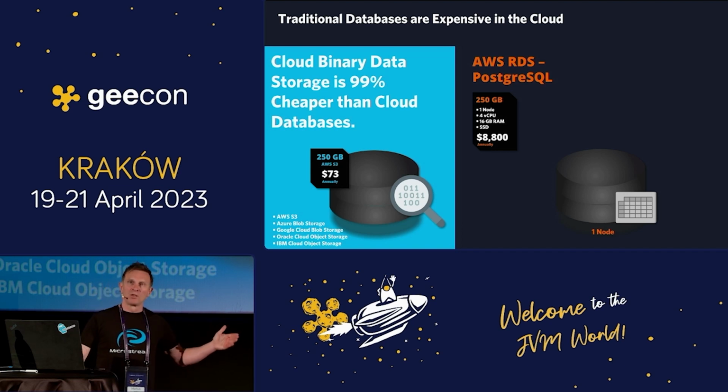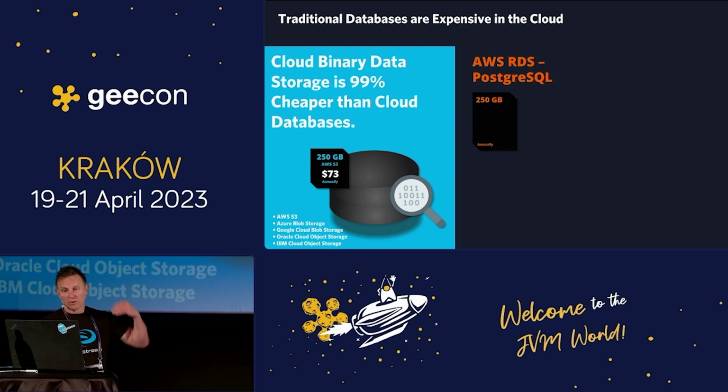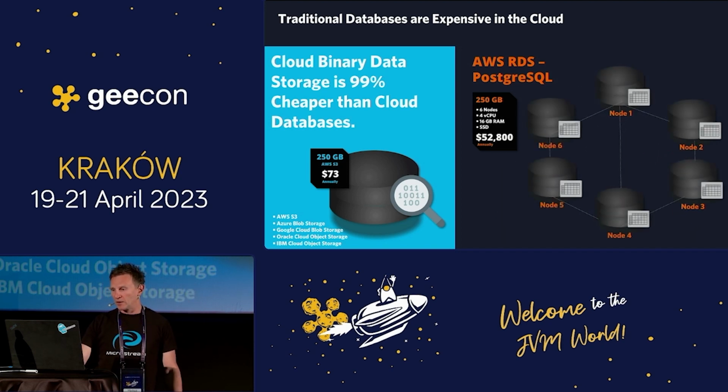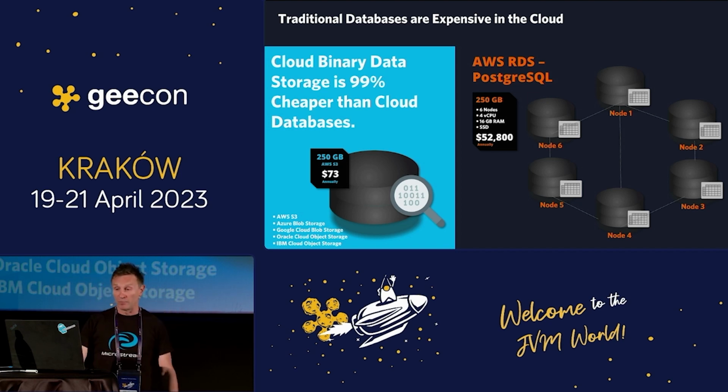But it's just one node. If you need replication, high availability, you want to share the load through multiple nodes, the price will skyrocket. So with only 6 nodes, we'll pay $50,000 per year for this service.